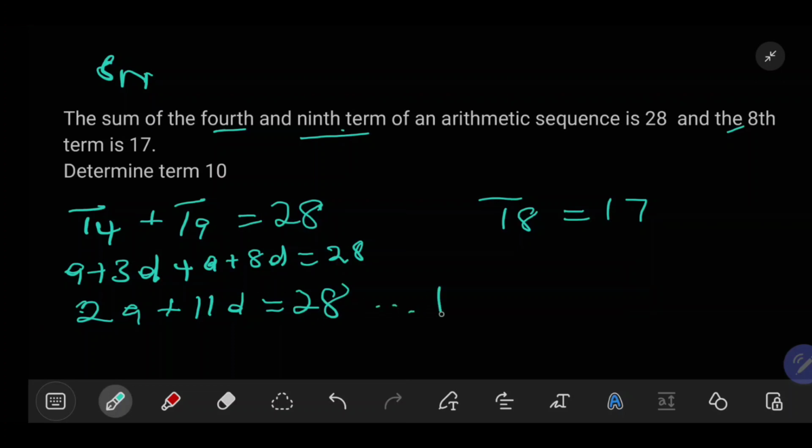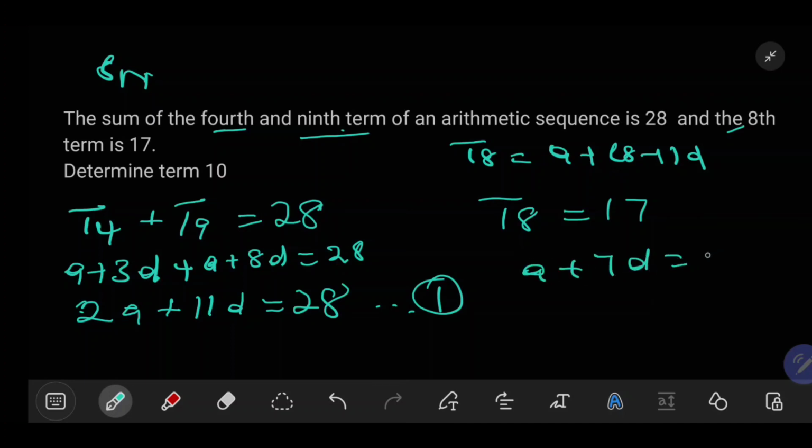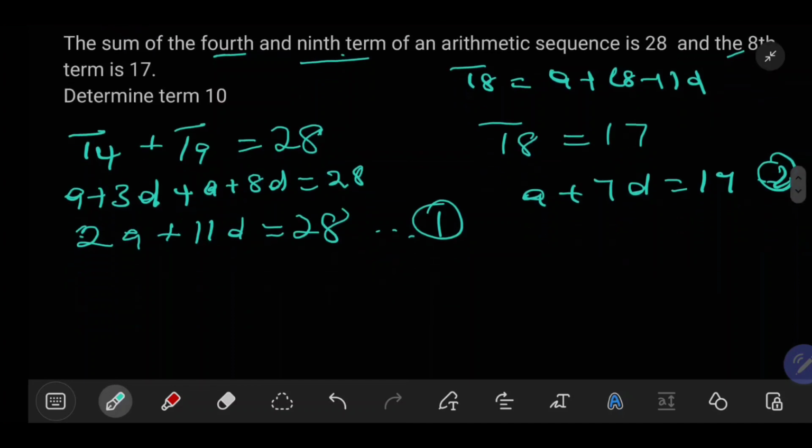Then this is our equation 1. So term number 8 will be a plus (8 minus 1) multiplied by the difference. So you will have term number 8 as a plus 7d, which is equal to 17. This is your equation 2. I hope it makes sense. Okay, so we can make a the subject of the formula and then substitute it.